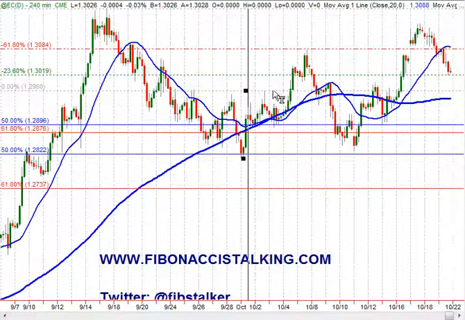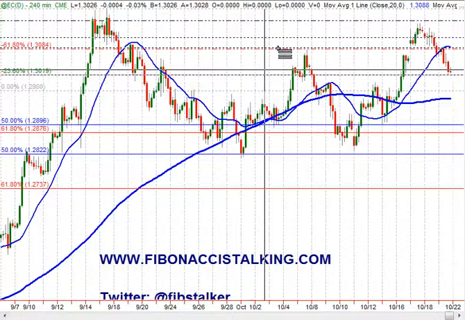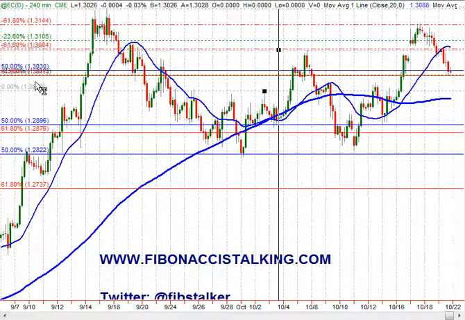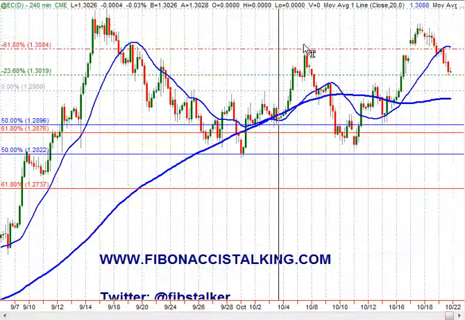And as you can see, it went to the first target, and then it went to the second target. So the next violation level was actually the 130.70 level, and price got below this, and this move higher ended, and the new move lower started.